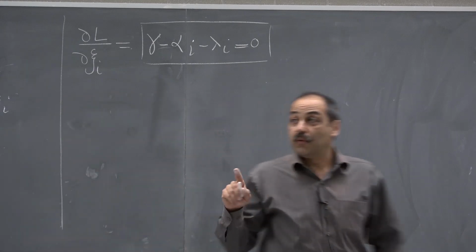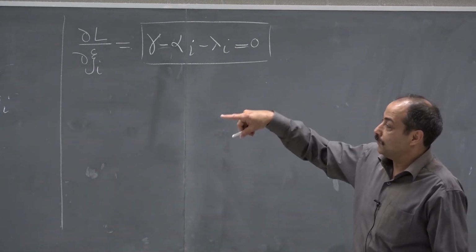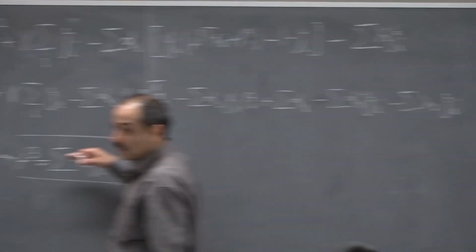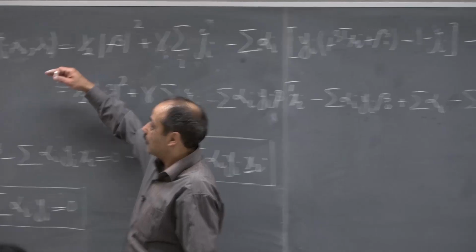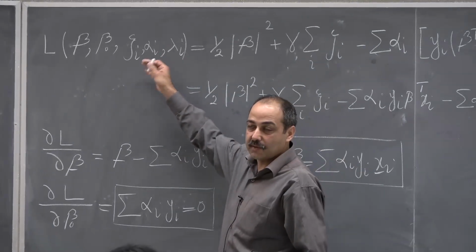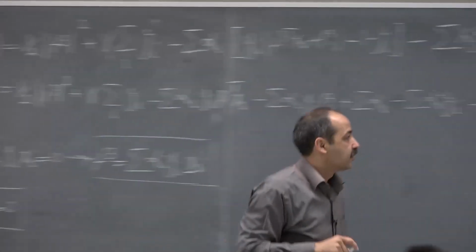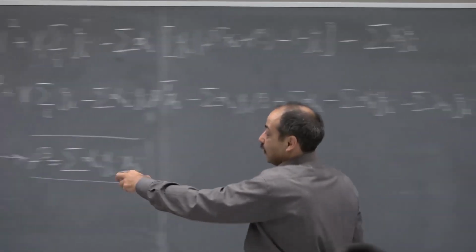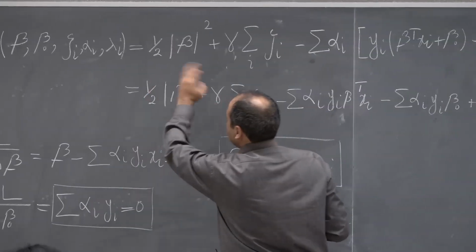Now I put all of these dual variables in place of the primal variables in my objective function. Basically, I replace beta with this sum, and so on.